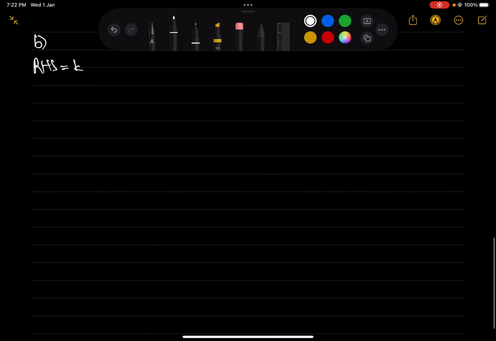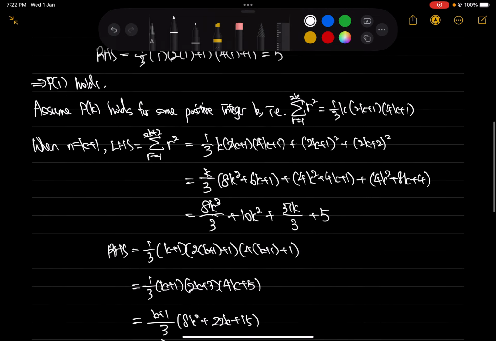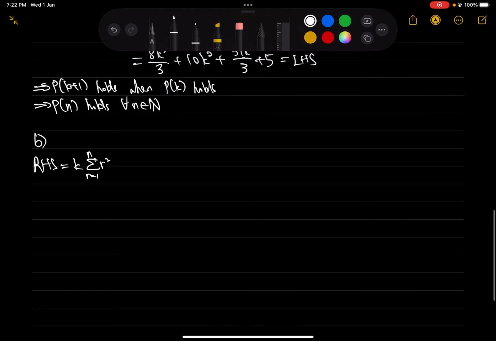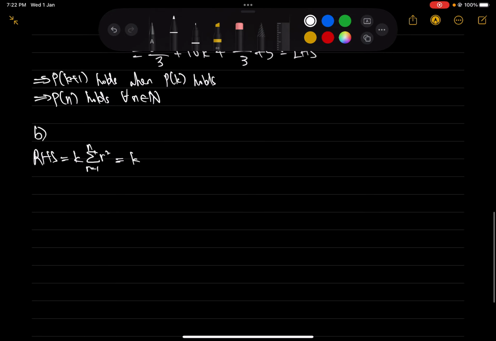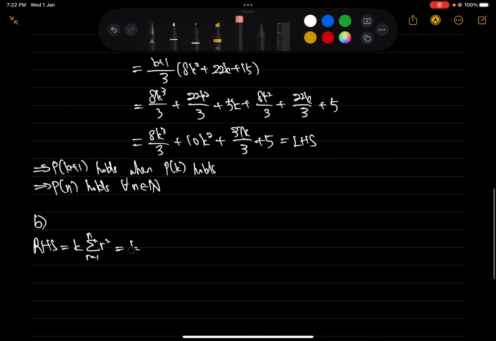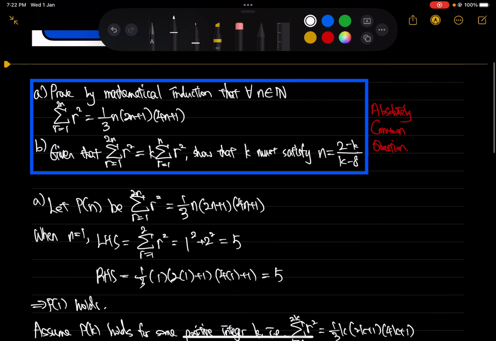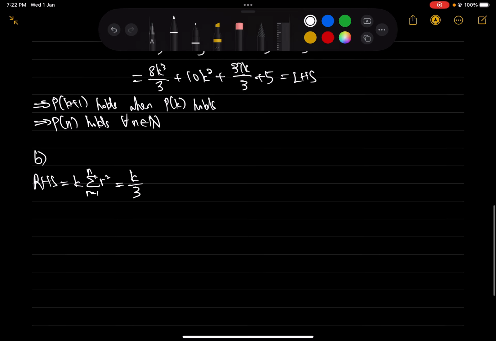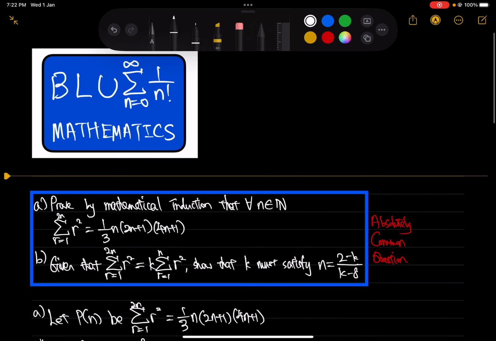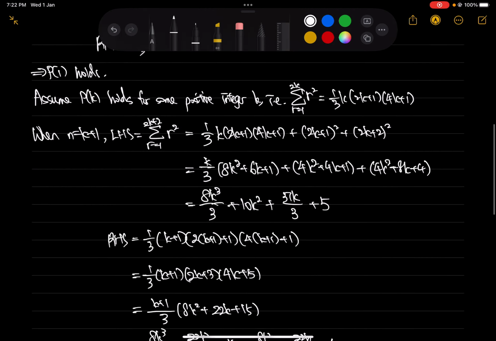Right hand side is just k times the sum from r equals 1 to n of r squared. Which means we could just use the theorem, with k over 3, because it's n, not 2n. So we have n over 2 instead, which means we have n over 2, n plus 1, and 2n plus 1.